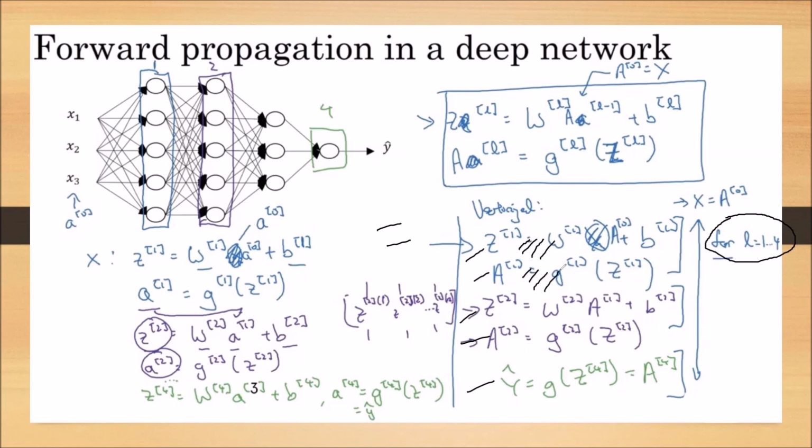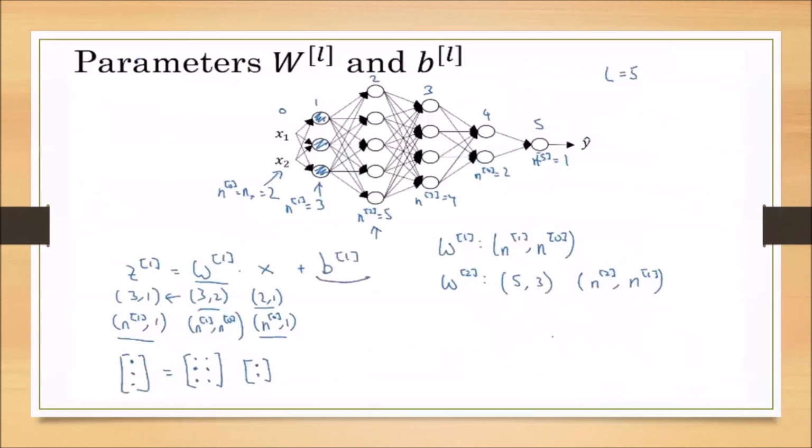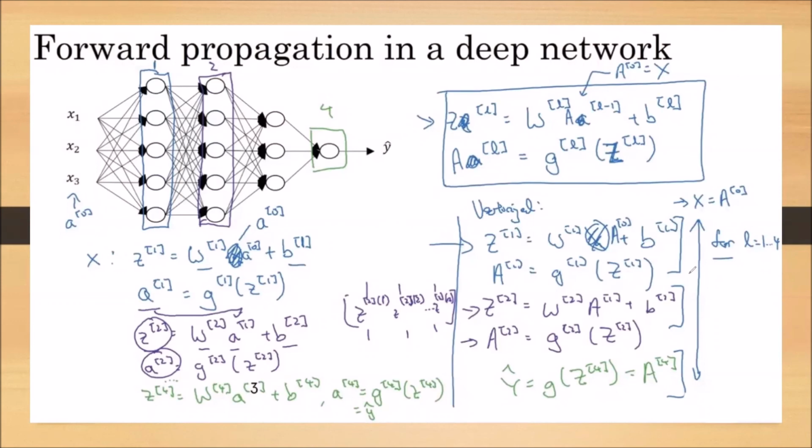Similarly, this for loop can calculate the Z and A values of 100 layers also. By using a two-line code with a for loop, we calculate the vectorized Z and activation unit outputs of even a complex 100-layer neural network.